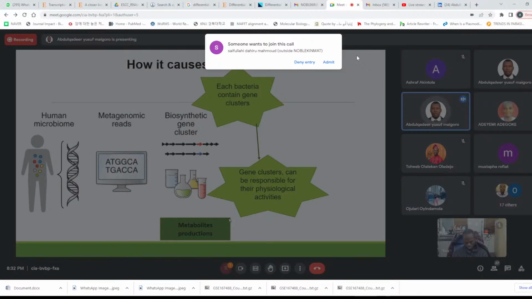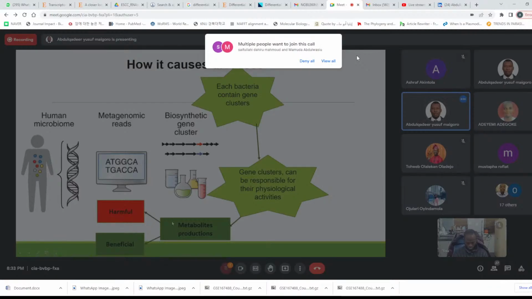As we know, let me not expand it more. These bacteria produce what we call metabolites as their own byproducts. They secrete it in our gut. And these metabolites have different functions. Some of the functions can be harmful, some can be beneficial.